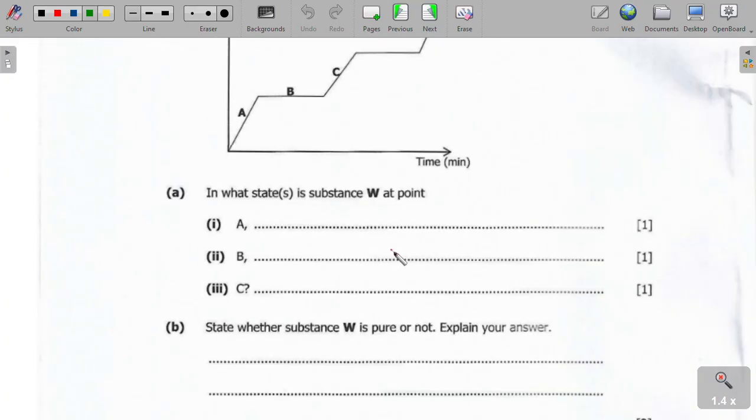So now let's answer the questions. At point A, this is a solid. At point B, liquid. Point A, solid.